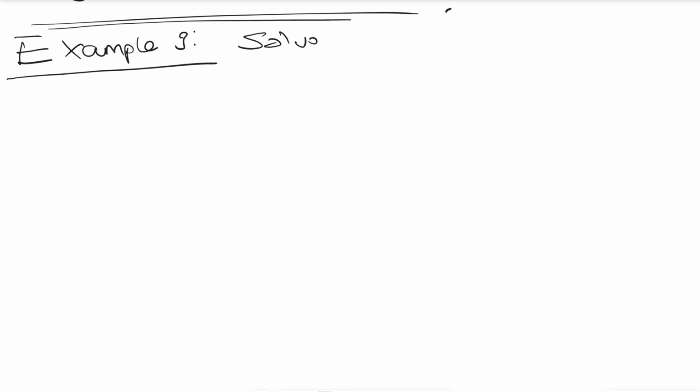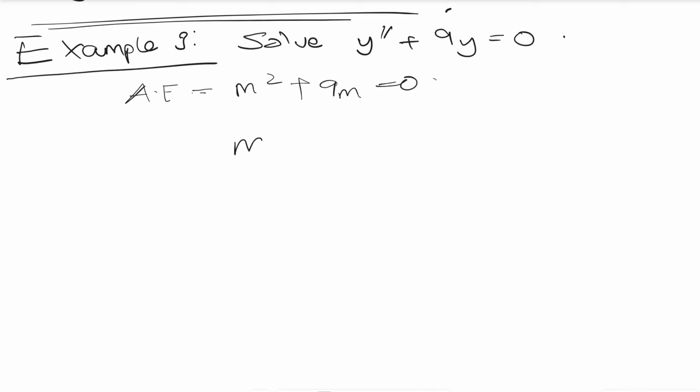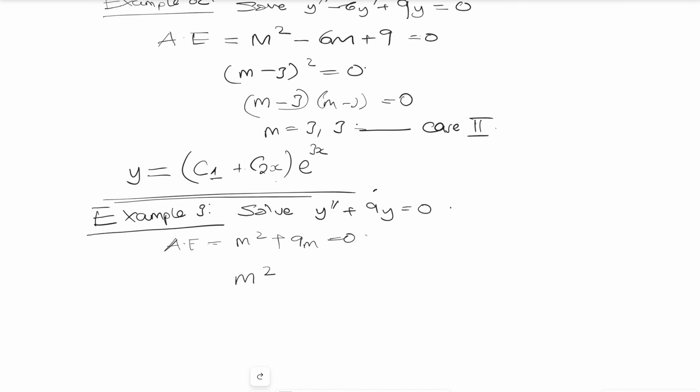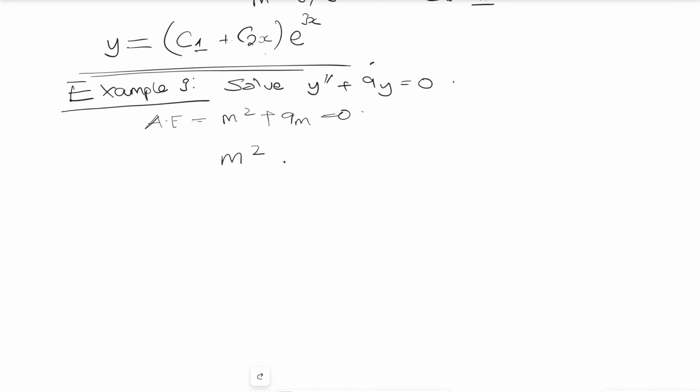Solve y double dash plus 9y is equal to 0. AE is equal to m square plus 9m is equal to 0. m square is equal to minus, no, there's a mistake.